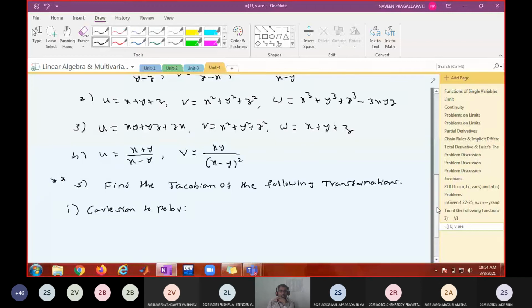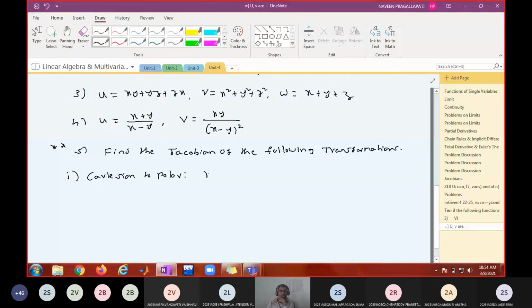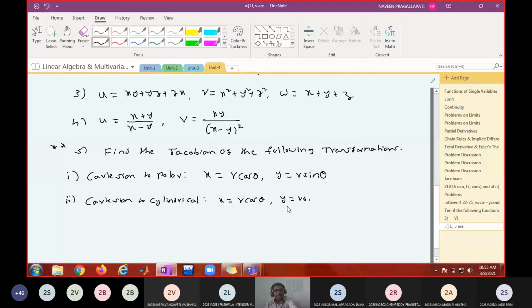Cartesian to polar transformation is x equal to r cos theta, y equal to r sin theta. That means you have to find out J of x comma y. Next, Cartesian to cylindrical. X equal to r cos theta, y equal to r sin theta, z equal to z.